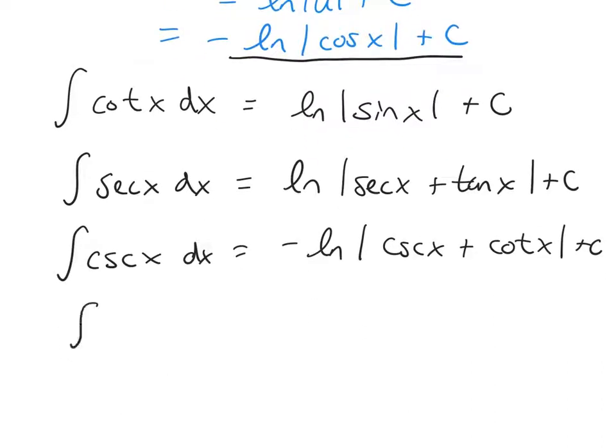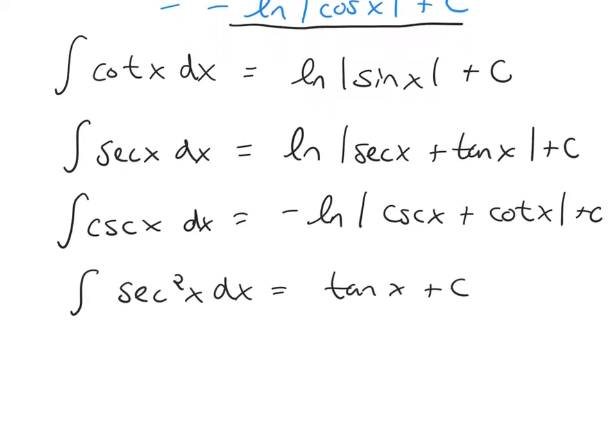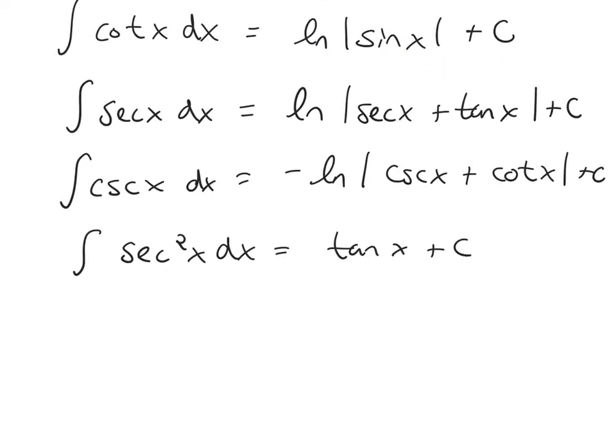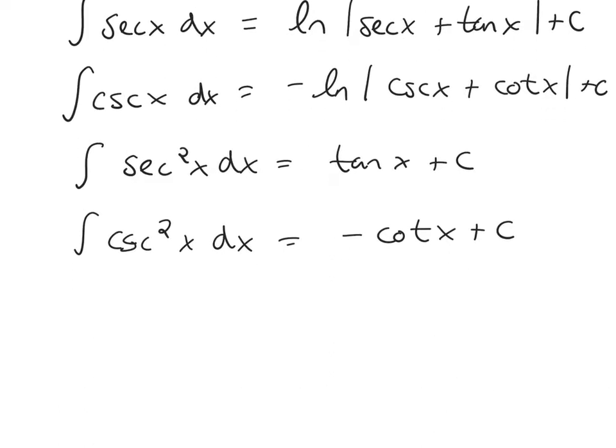And then the integral of secant squared is tangent. The derivative of tangent is secant squared. The integral of cosecant squared is negative cotangent plus c. Okay, two more trig integrals.